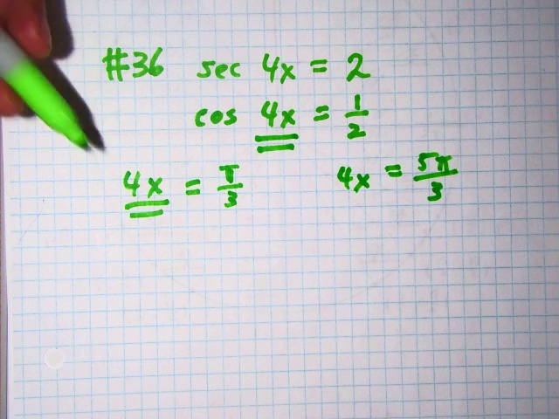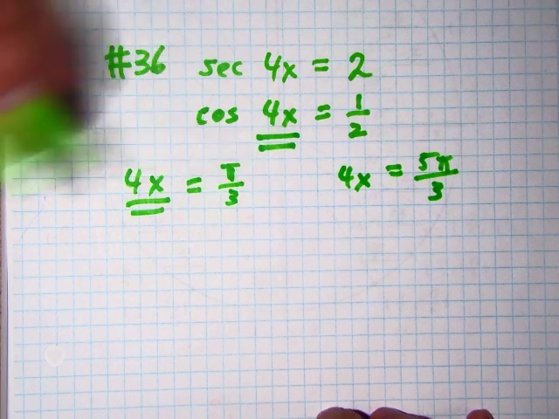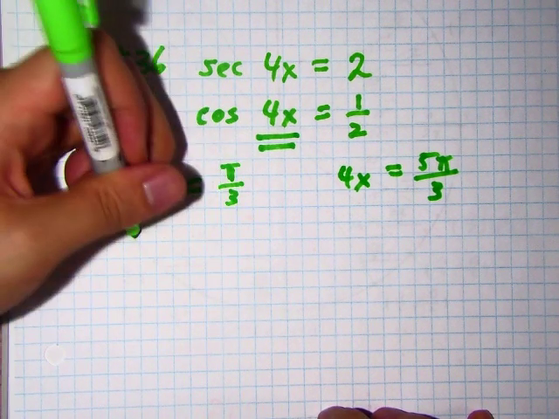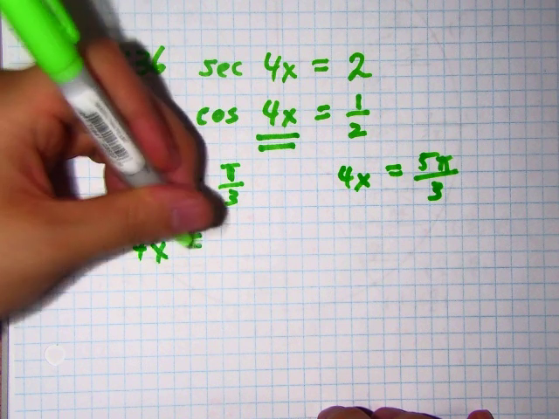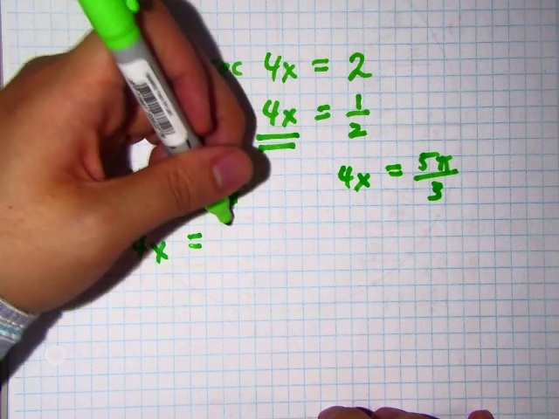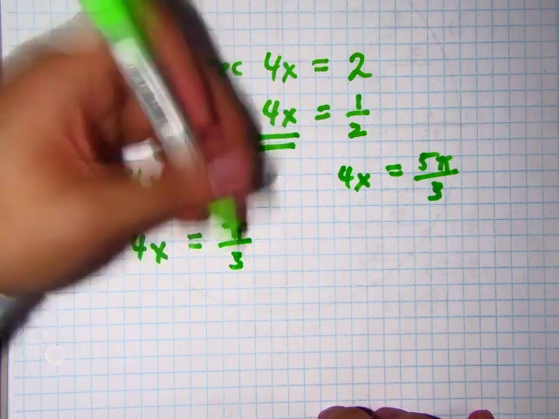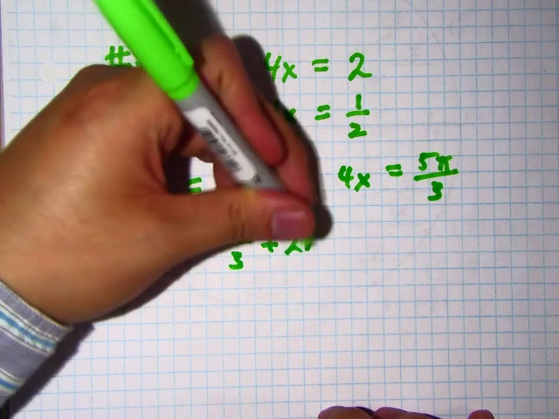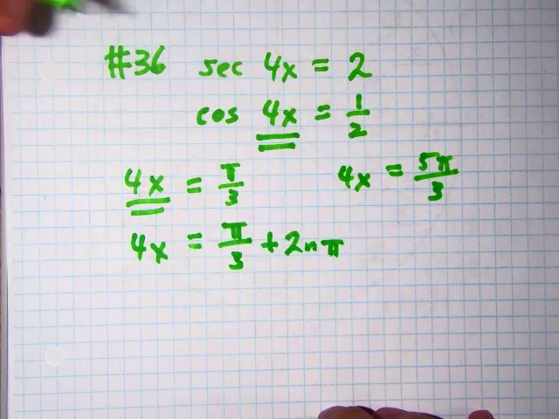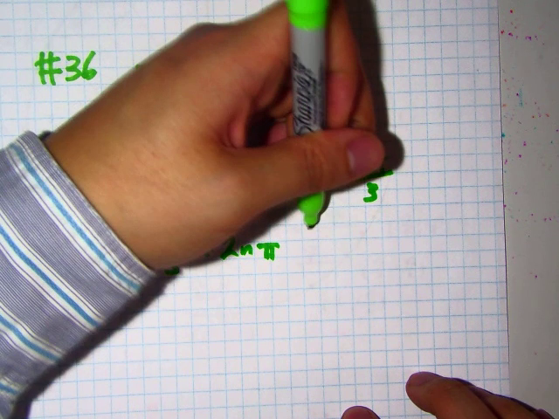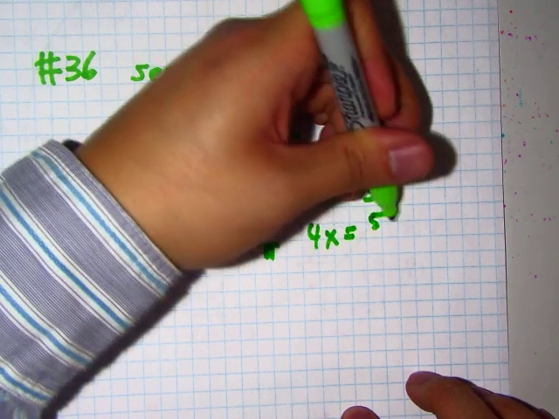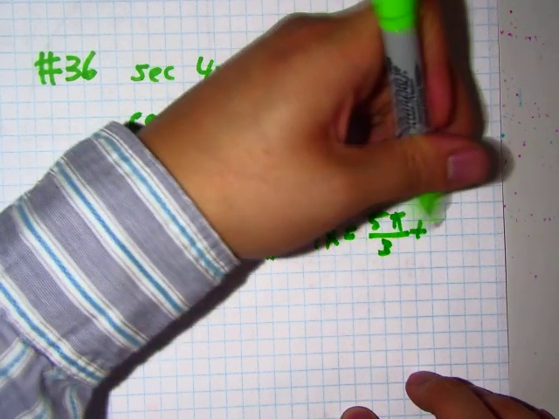Okay, and then normally we would write the period out too. So we would normally say x equals pi over 3 plus 2n pi. Now we're going to say 4x equals pi over 3 plus 2n pi. And then we'll also say here 4x equals 5 pi over 3 plus 2n pi.